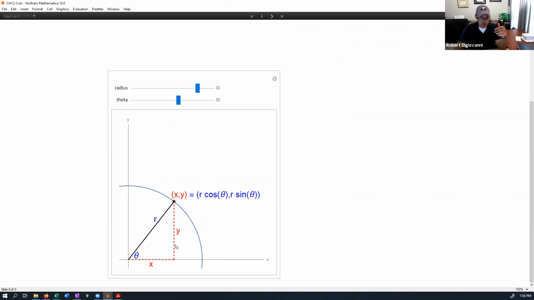But if we draw a right triangle, then for every given point there will always be an angle that we can form, from the x-axis to the line from the center to that point. We can also calculate the radius, which is the distance from the origin to that point. So for any point you give me, you can either give me the x and y coordinates, or you could give me the angle and the radius.